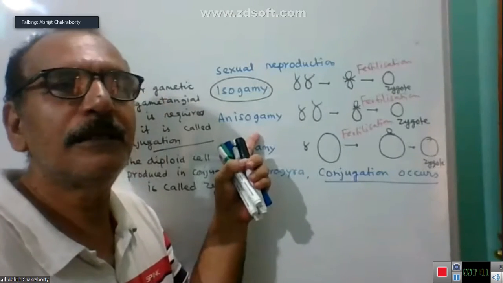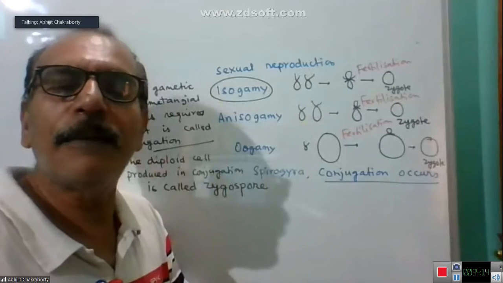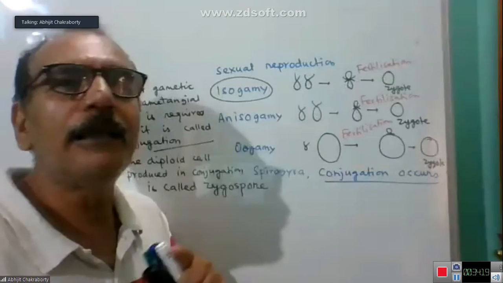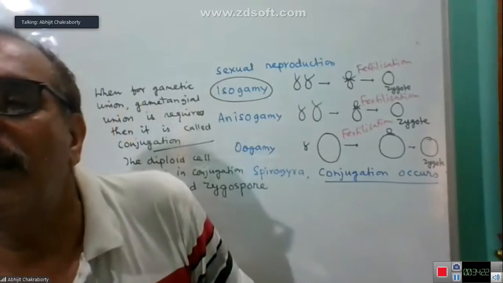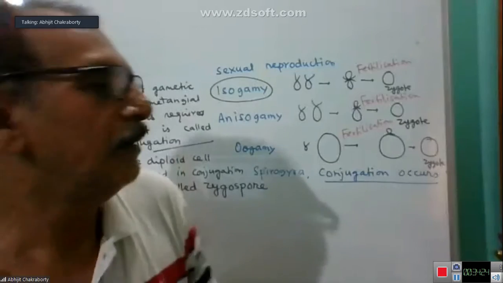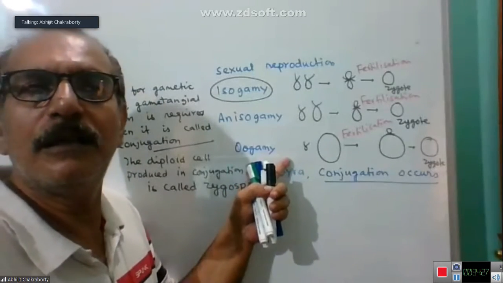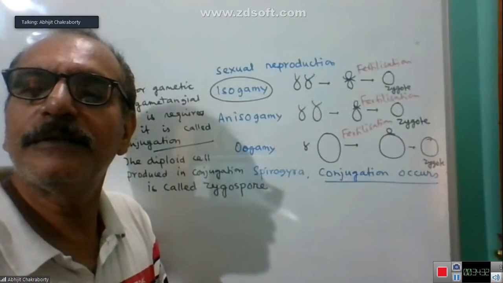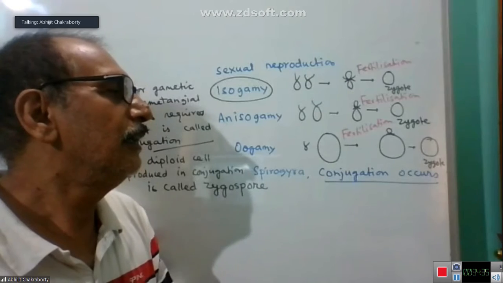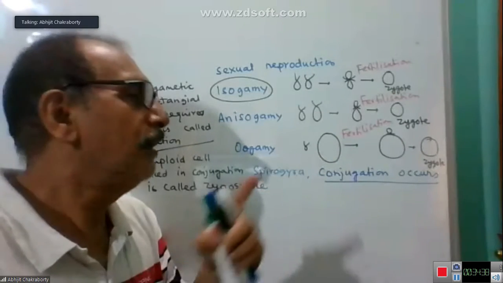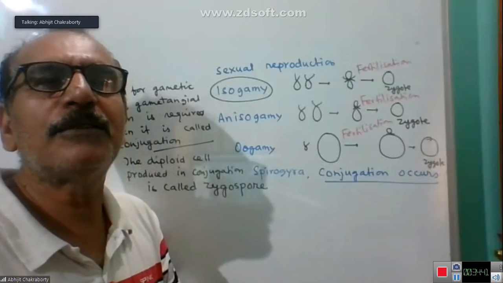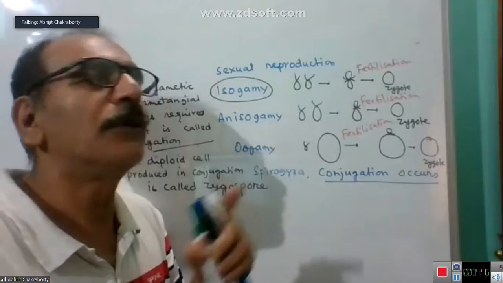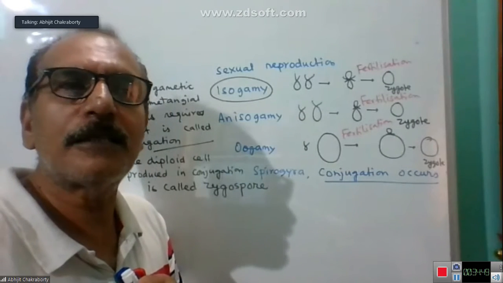In anisogamy, both gametes may be motile or both may be non-motile, but in oogamy, one gamete is very, very small, so the difference in size is much more. Oogamy is when the male gamete is quite tiny and the female is quite large, and oogamy is the most advanced type of reproduction.